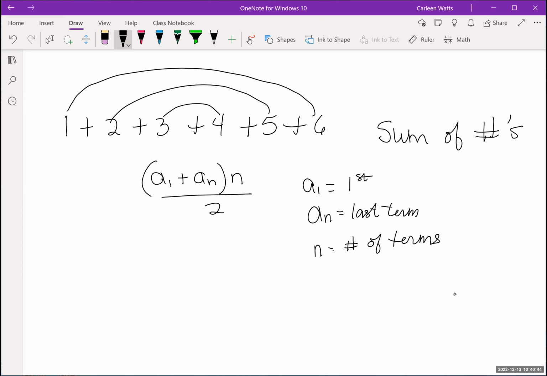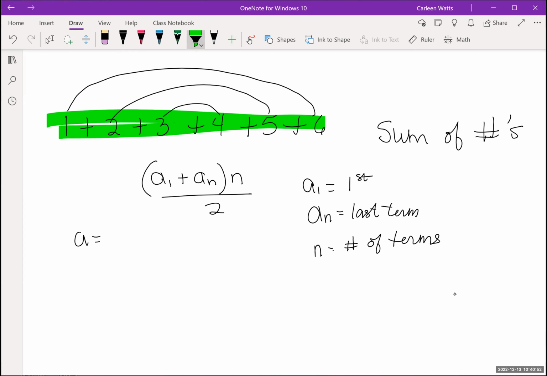Okay, so let's use this formula. According to this formula, a sub 1 is what with my series of numbers? 1. What is n for my series of numbers? Thank you. 6. A sub 1 is 1.